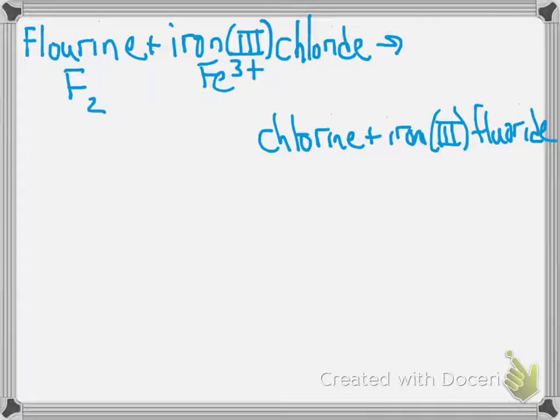And then, whenever we're trying to figure out the formula for ionic compounds, the crisscross method is always our friend, and the crisscross method uses the charges on each ion. And with these transition metals, the beauty of this is that we're always going to know the charge on the negative ion. Chloride is an ion of chlorine. Chlorine is a halogen, and all of the halogens, when they form ions, have a charge of -1.